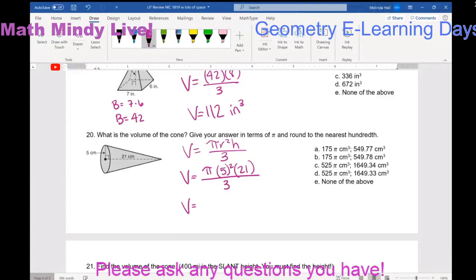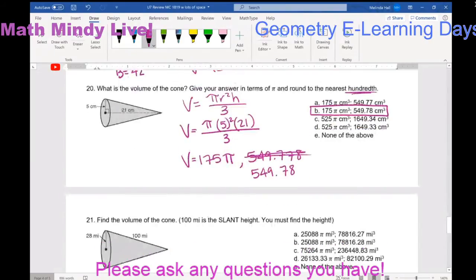When you pull out your handy dandy calculator, that would be 25 times 21 divided by 3 to get 175 pi. Or if we multiply the pi in, 175 times pi is 549.778. Rounding to the nearest hundredth, that would be 549.78. Okay, so looking at the answer choices, that would be option B. Okay.